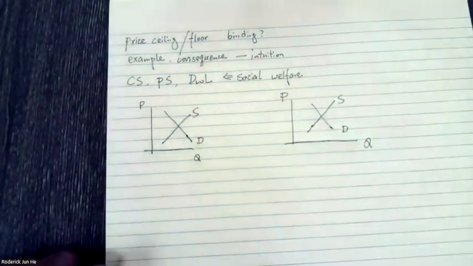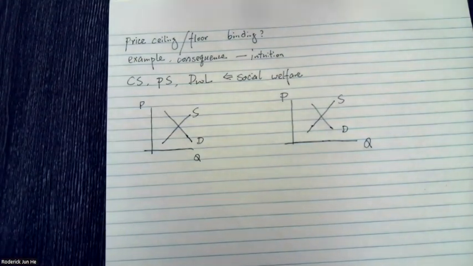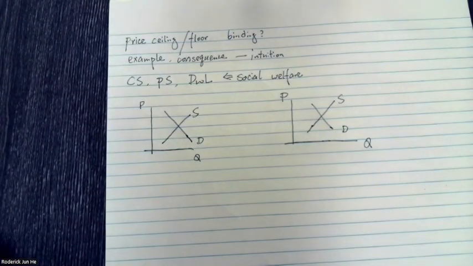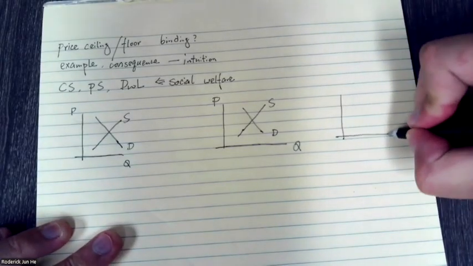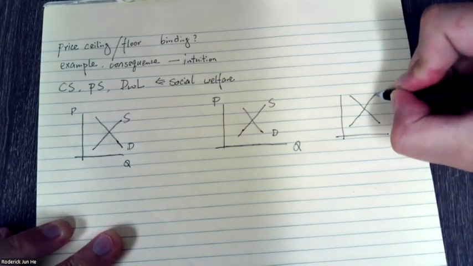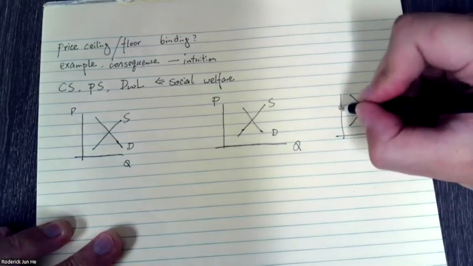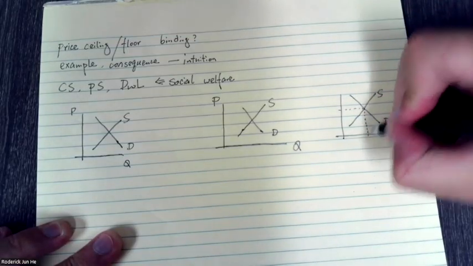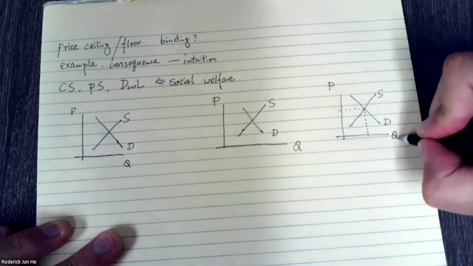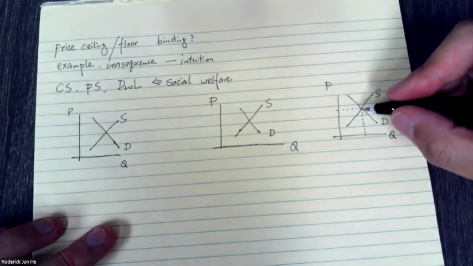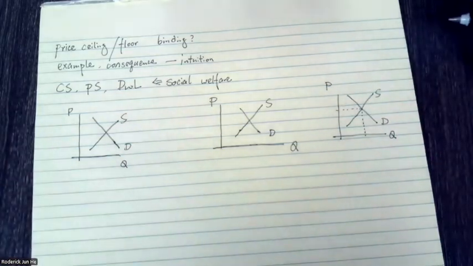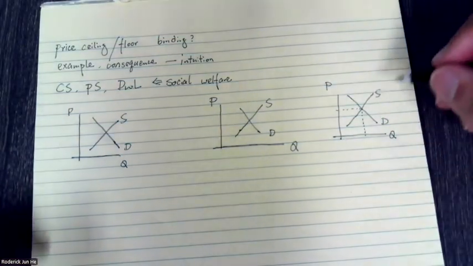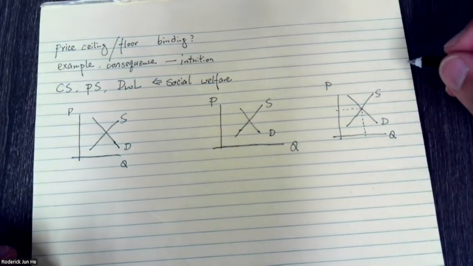We have a downward demand and upward sloping supply for both cases. So first, we know if there is no intervention and we assume away any market failure, eventually the market is going to stabilize at this equilibrium point on the third graph, which is the intersection between supply and demand.